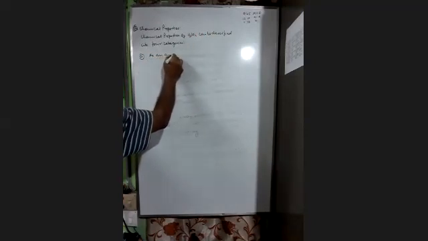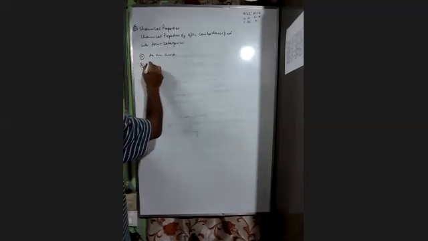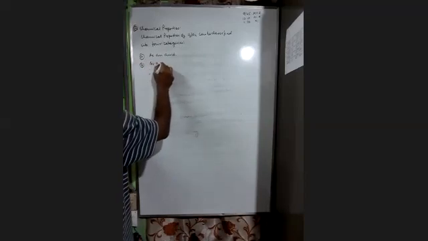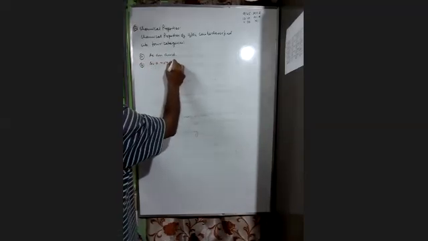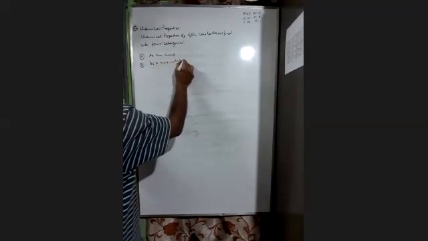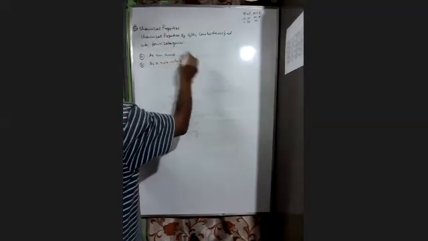A, as an acid. B, as a non-volatile acid. Non-volatile means, unlike HCl and nitric acid, it does not evaporate.